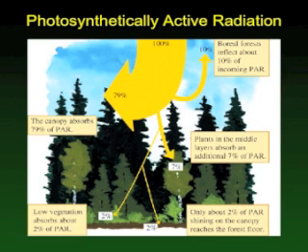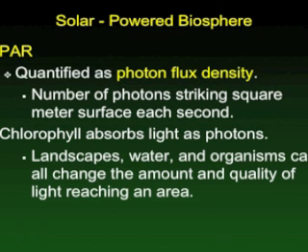And in our area, the spring flowers come out in the forest before the leaves come out on the trees, and that's a time when there's more of this photosynthetically active radiation that's coming down to the undergrowth of the forest.